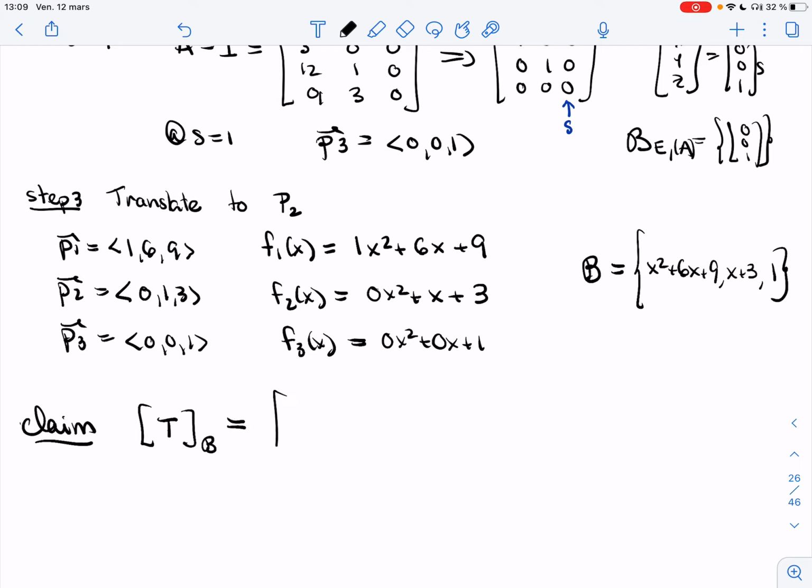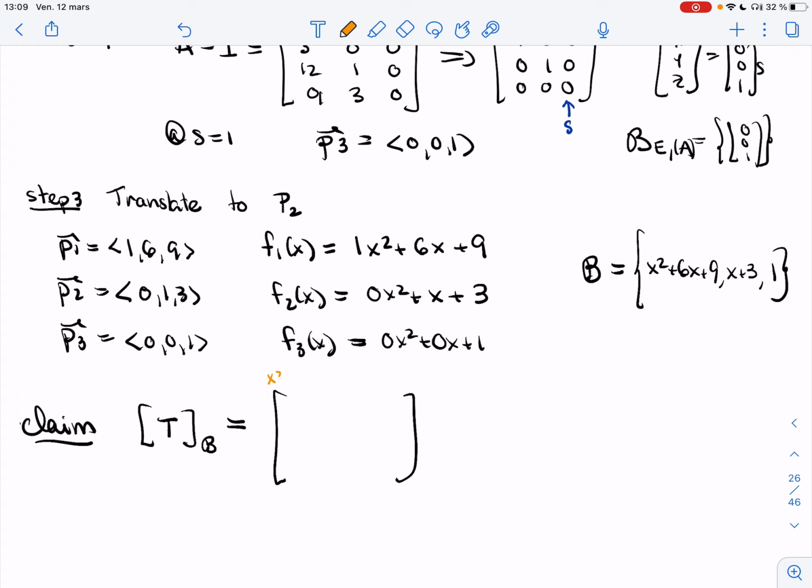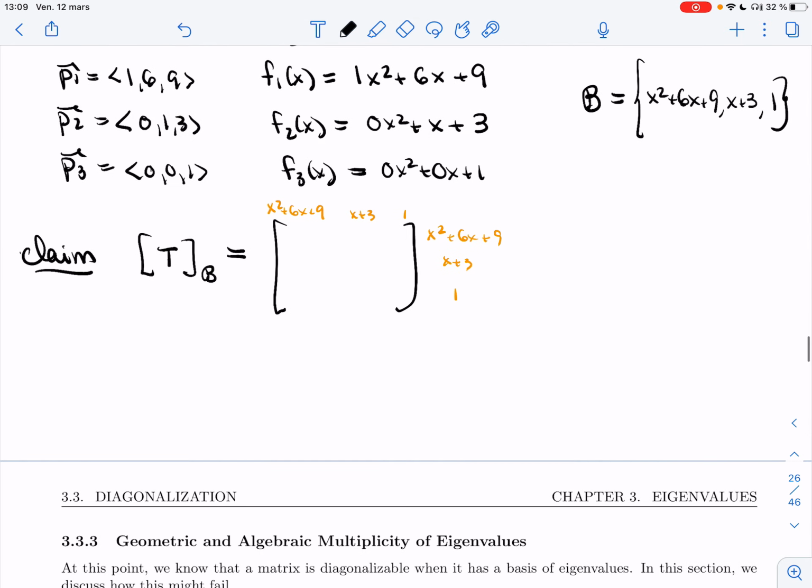So unless we've made a mistake, the matrix of the linear transformation T in this basis, if you start with x squared plus 6x plus 9, then x plus 3, then 1, and the same basis on the other side. Let's check at least the first.